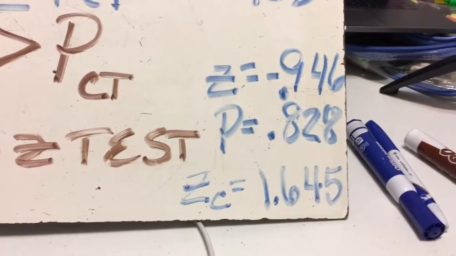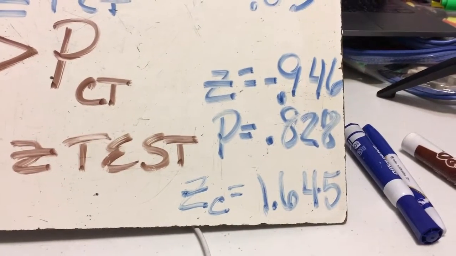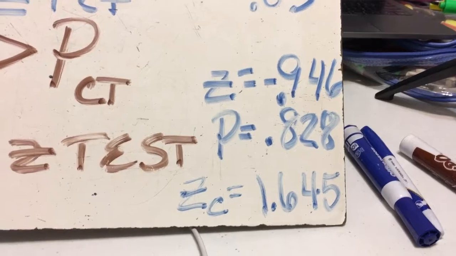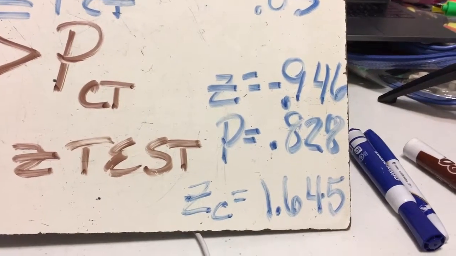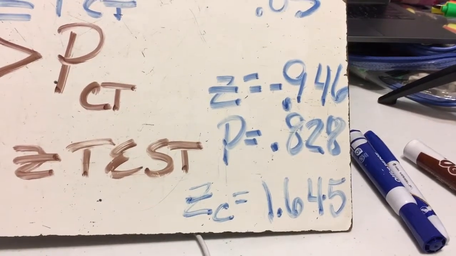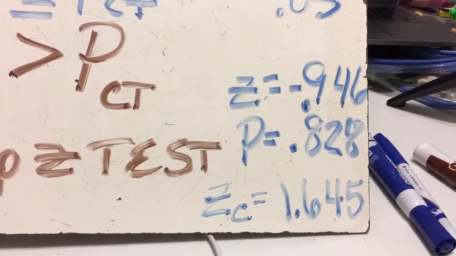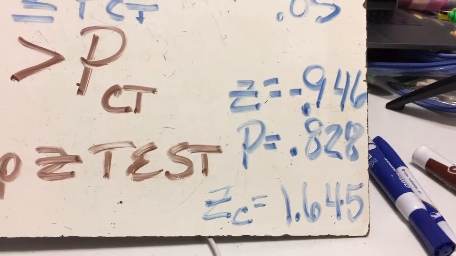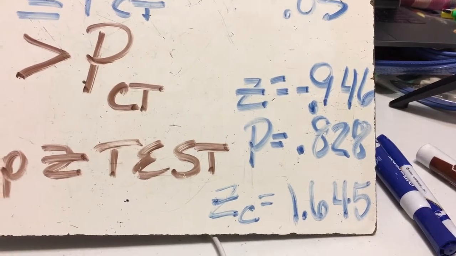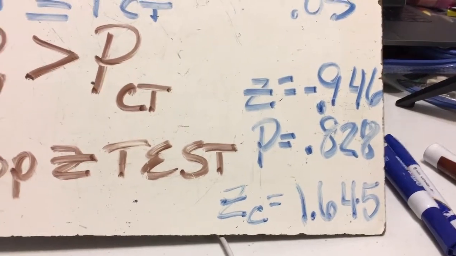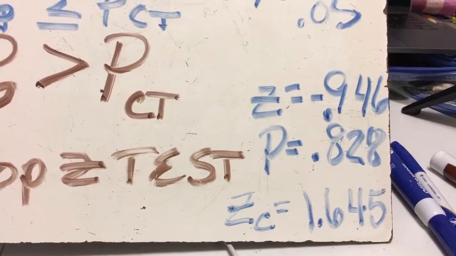Now I compare my test statistic of negative 0.9 with my critical value, which is going to be in the right tail, and I am going to say my test statistic is nowhere near my rejection region. So I must fail to reject.